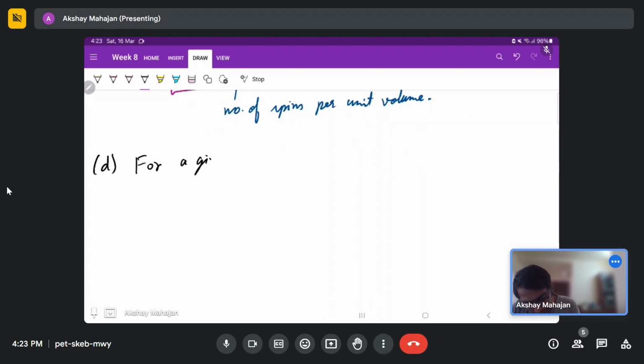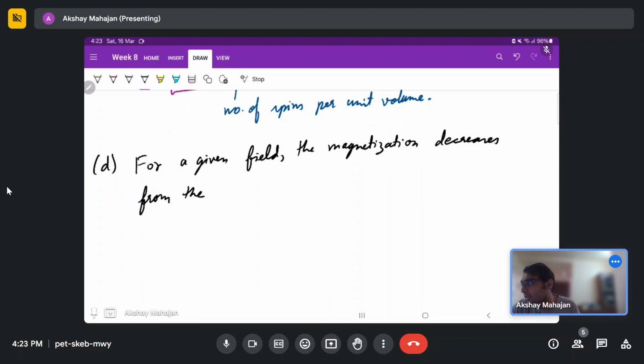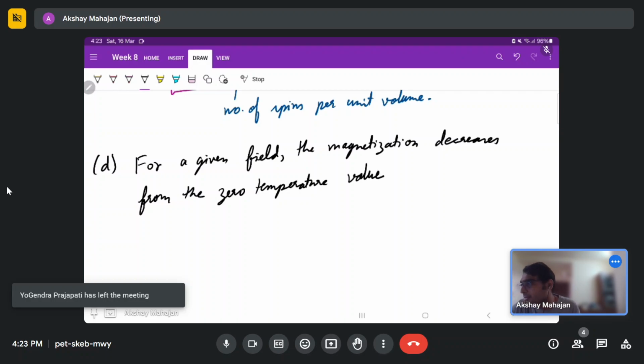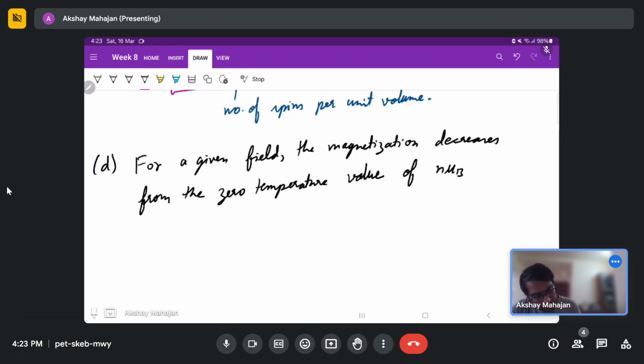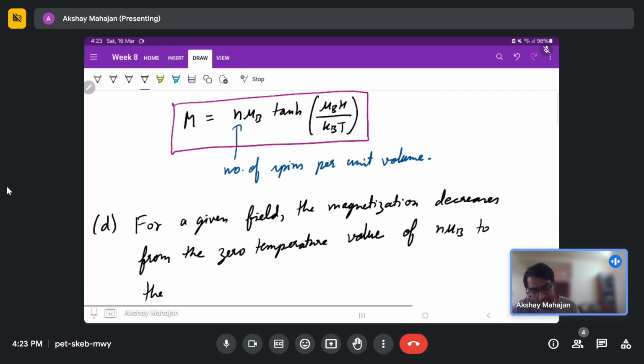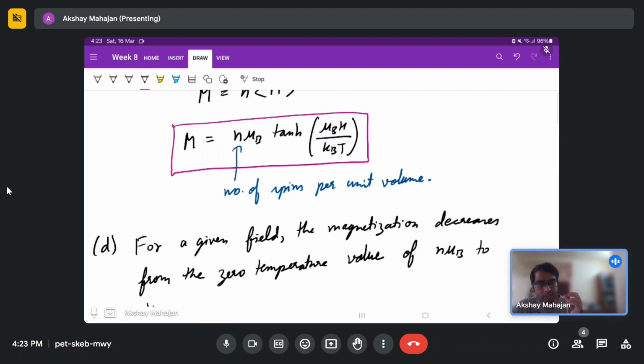Now for a given field, the magnetization decreases from the zero temperature value of n times mu B. At zero temperature we will have the highest magnetization, and you can consider that all the magnetic spins are aligned along the applied magnetic field, so that is your highest magnetization.